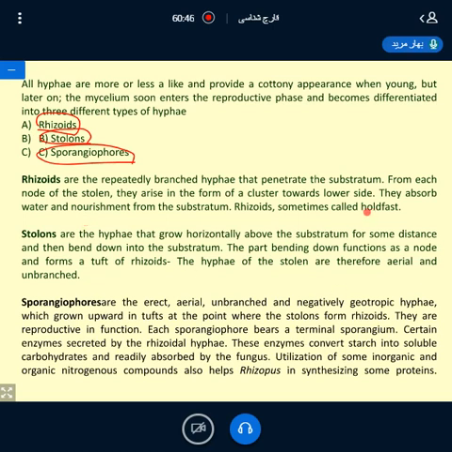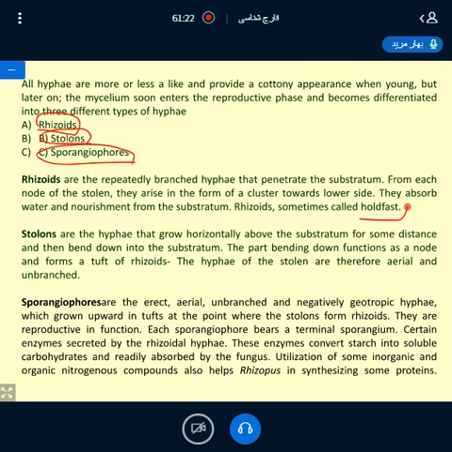Stolons are the hyphae that grow horizontally above the substrate for some distance and then bend down into the substrate. The part bending down functions as a node and forms a tuft of rhizoids. The hyphae of the stolon are therefore aerial and unbranched.